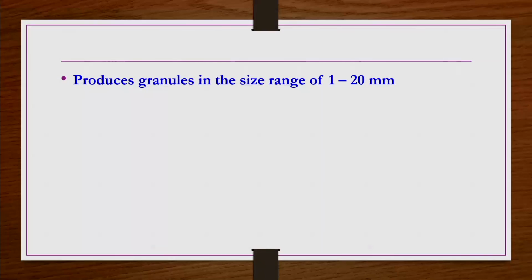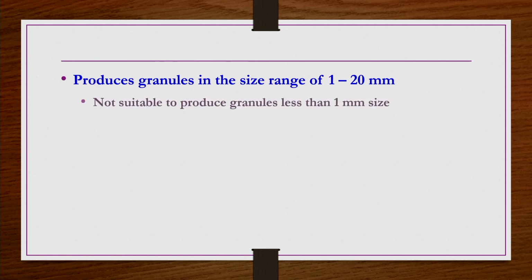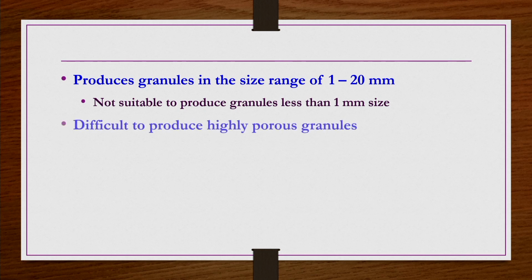Further, they produce granules in the size range of 1 to 20 mm in general, and they are not suitable for producing granules smaller than 1 mm, because there is no control of the granulation process in this kind of tumbling granulator.